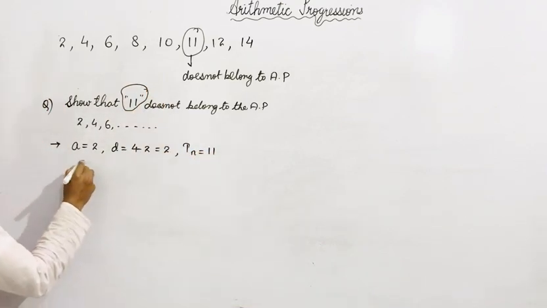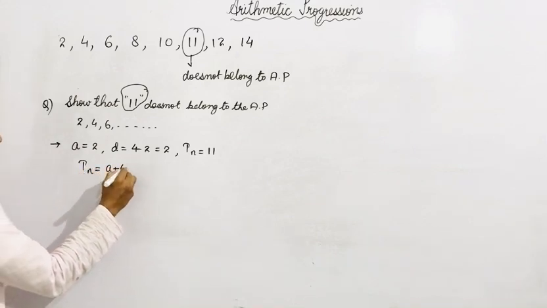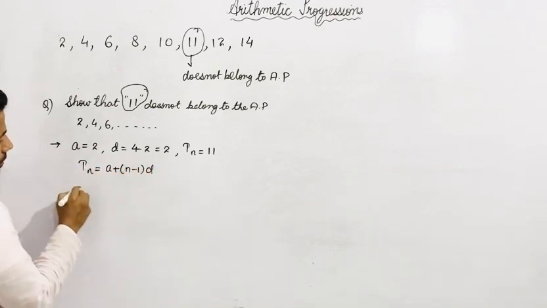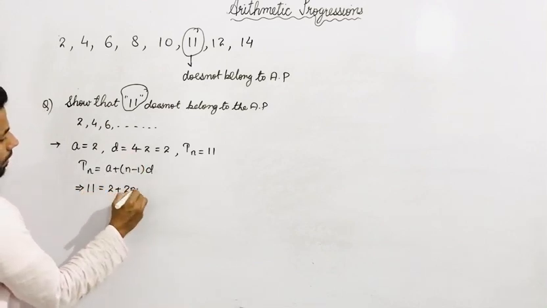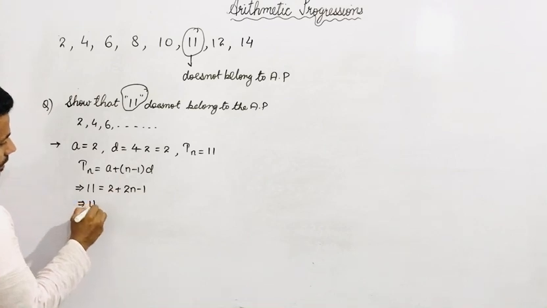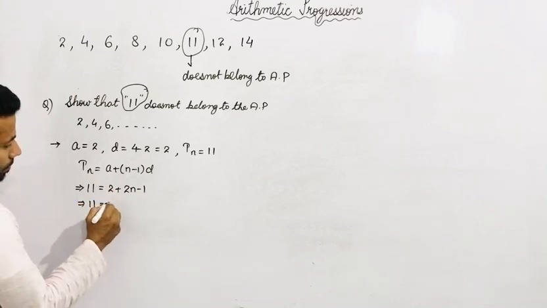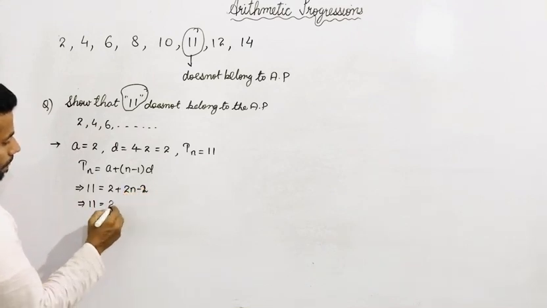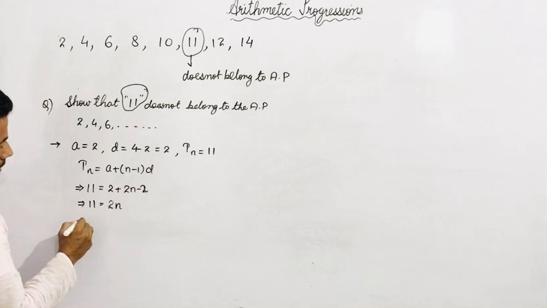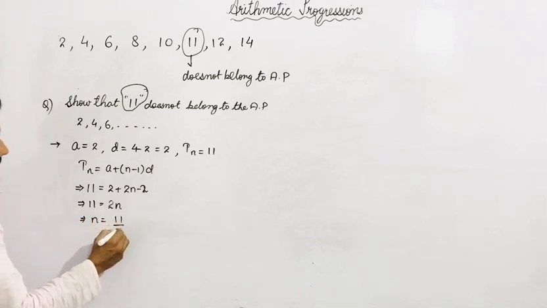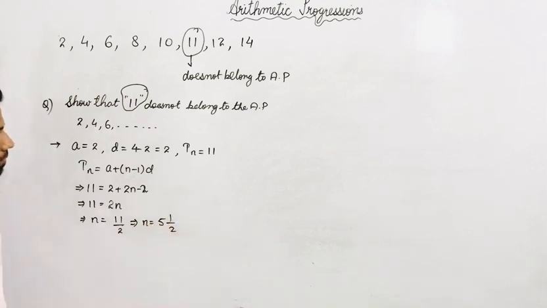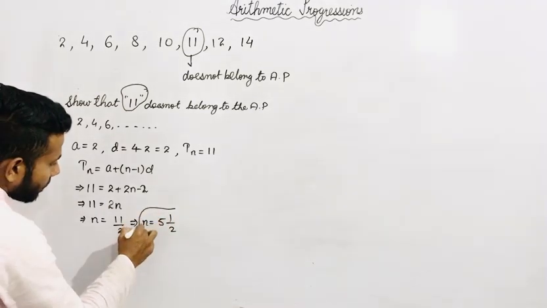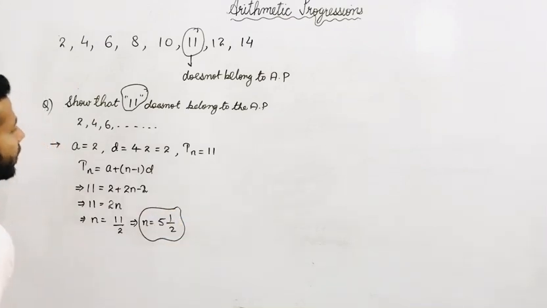Now let us begin. Tn equals A plus (n minus 1) into D. So Tn equals 11 equals 2 plus 2n minus 2. So it is 11 equals 2n. So n equals 11 by 2. That is n equals 5 whole 1 by 2. Now you can see that this value of n is coming a mixed fraction.